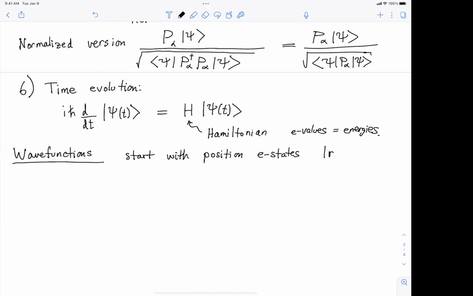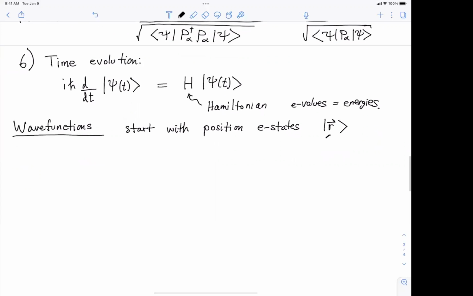And so if we're working in a three-dimensional universe, they're labeled by some vector that tells you what position you're talking about. And so this is defined to be the state where the particle is known, because it's been measured usually, to be at the position labeled by r.